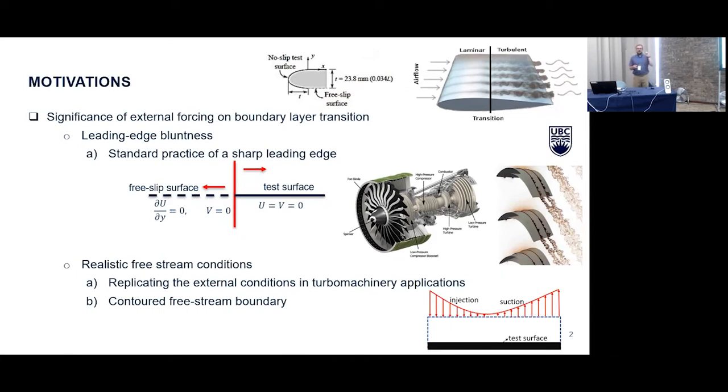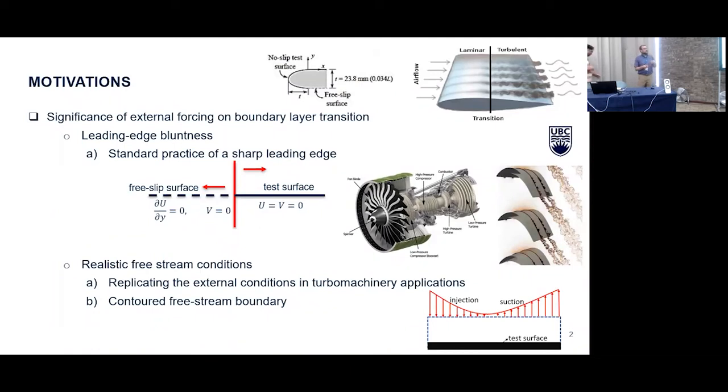But the simplification that's made is we assume that the flow entering has some kind of laminar condition and it reaches the test surface as a kind of sharp discontinuity of the flow. In actual fact, the leading edge of the blade, of course, has a finite bluntness. And that is oftentimes neglected, especially in the more fundamental types of studies for boundary layer transition.